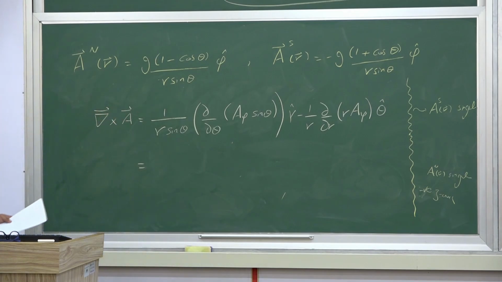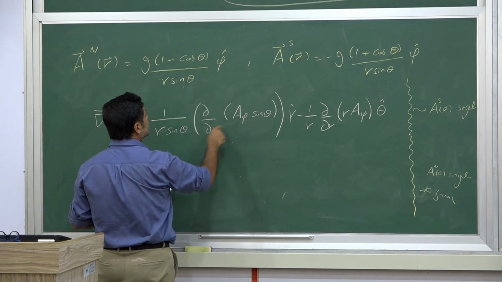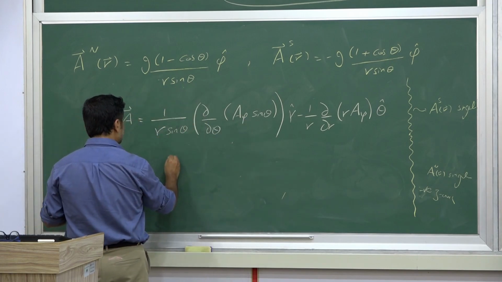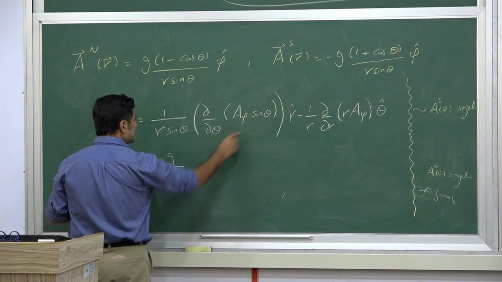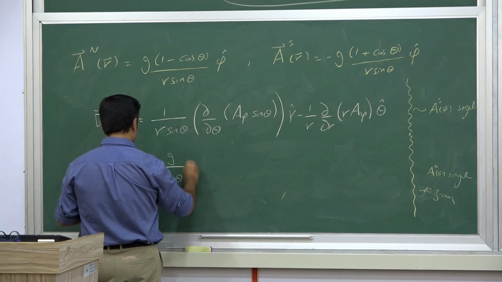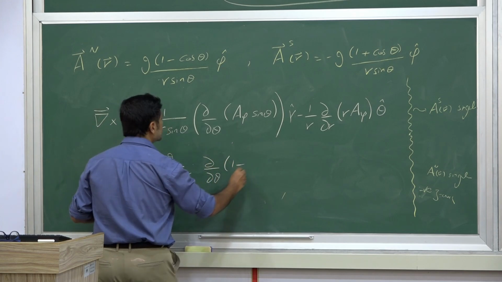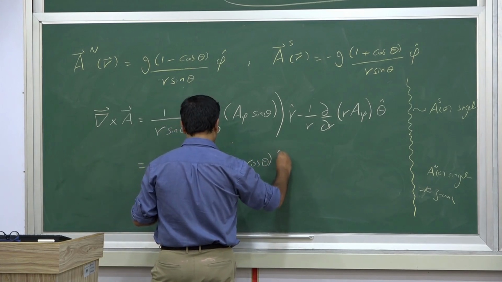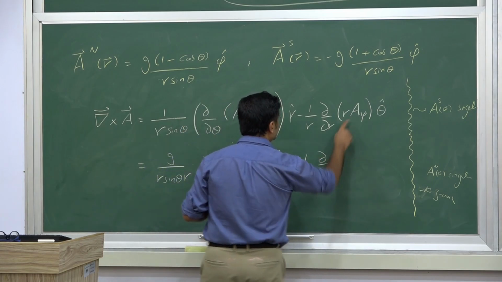So this gives me, when I plug this in, sin theta will cancel with this, and this is just a constant. This r also comes out. Let's see what becomes of this guy.